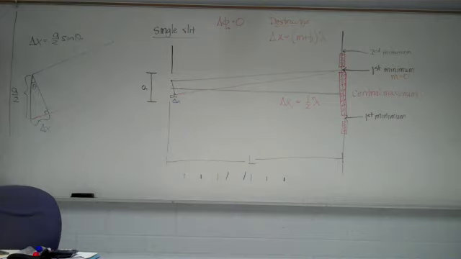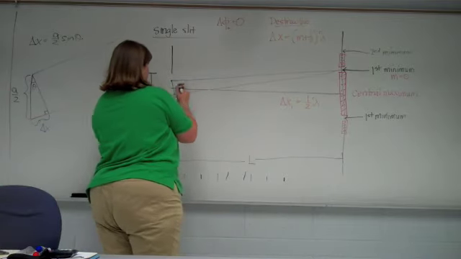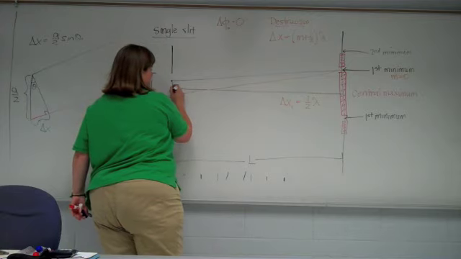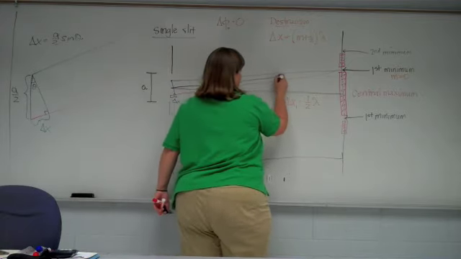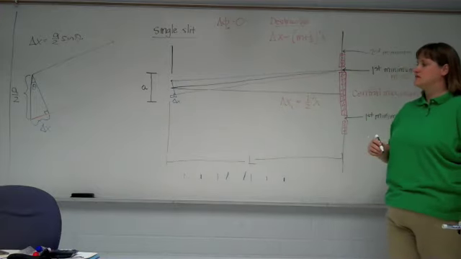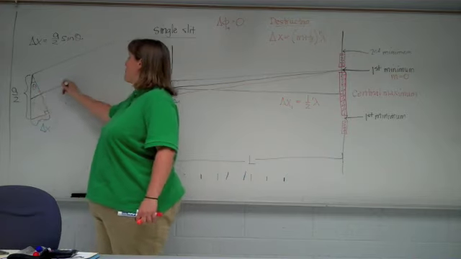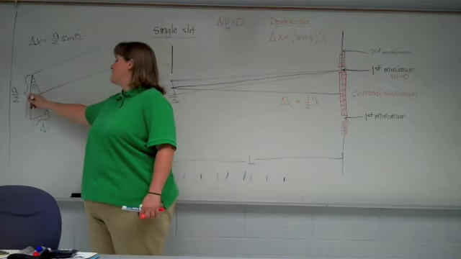Now that theta is the same. If I were to draw a line here, starting in the middle, just from my reference line, up to the same point? That would be in the middle here. Here's my reference line.